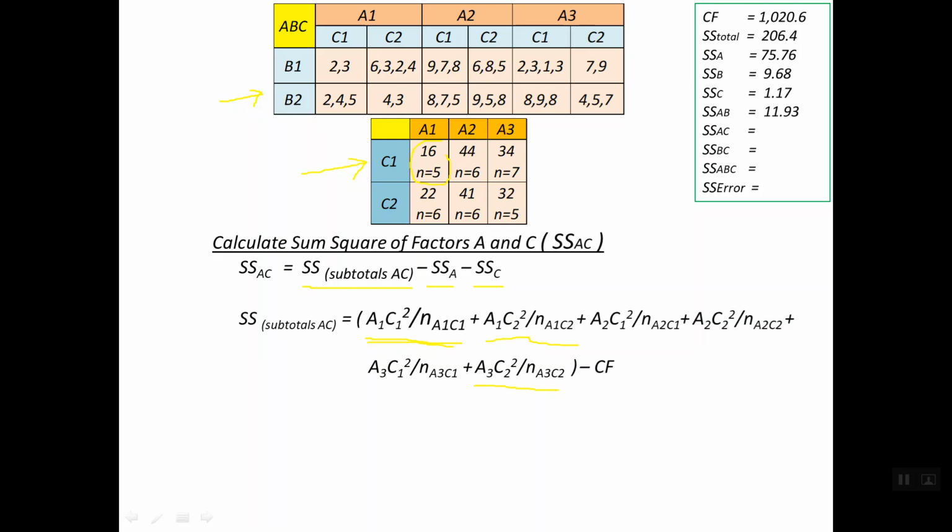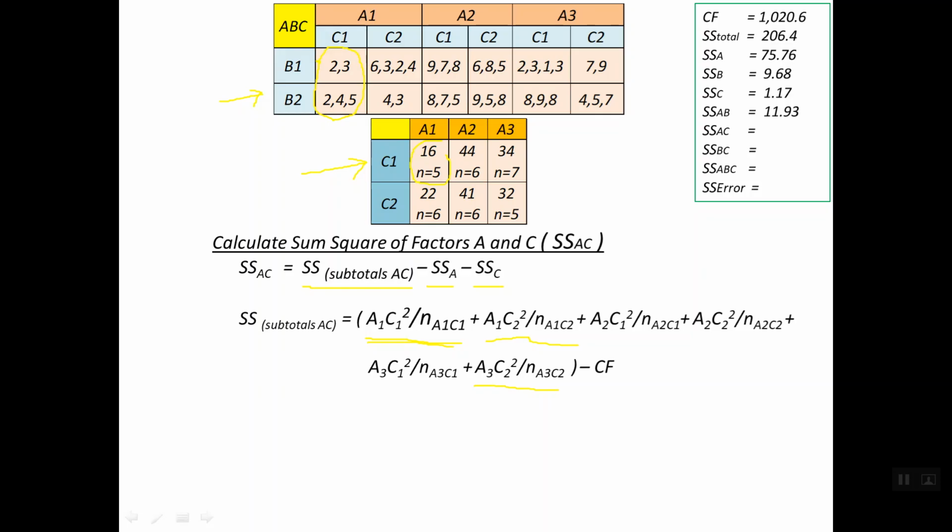What is the meaning of A1, C1 from the main table? A1, C1 is simply all of these observations. Notice that we ignore the value of B1 and B2. So if you sum these 5 values, you will get 16, and we have 5 observations, so n is equal to 5.